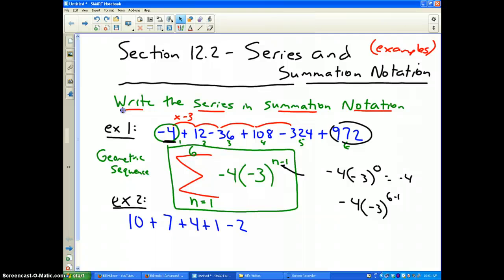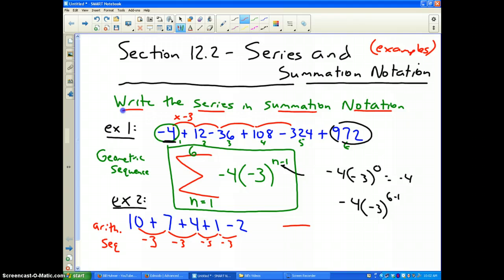Write in summation notation 10 plus 7 plus 4 plus 1 minus 2. Well, if you look at the pattern there, these numbers are going down by 3 consistently. Therefore, this is an arithmetic sequence. So if I'm going to write this in summation notation, what I need is the arithmetic explicit formula for this pattern of numbers.